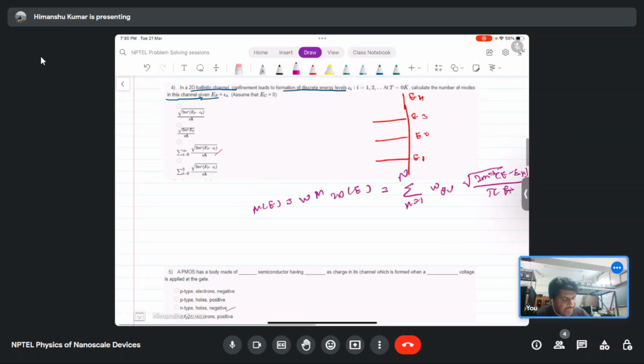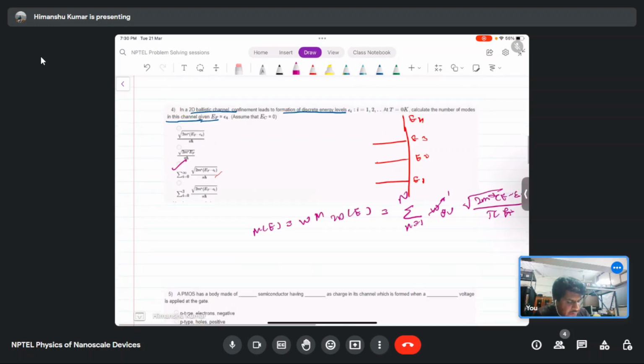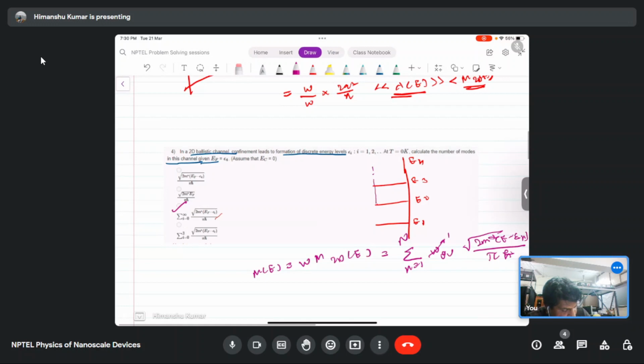If we take the valley degeneracy as 1, then we reach the third option. Okay, so is that correct? This is because we have placed our Fermi level right at the fourth level.